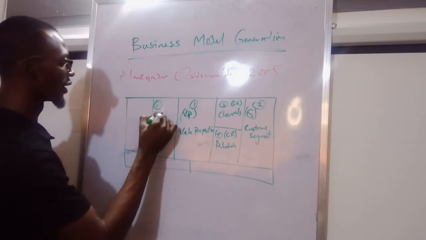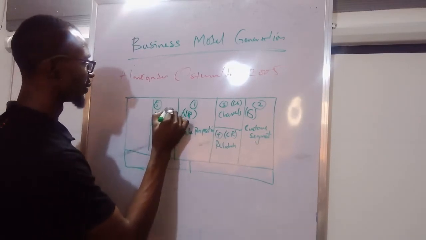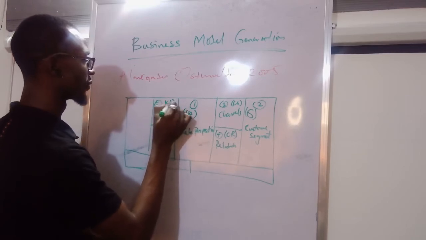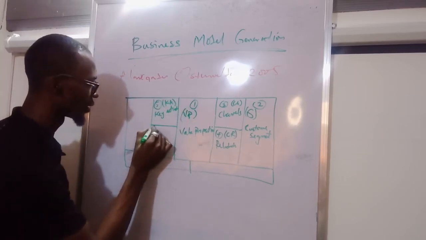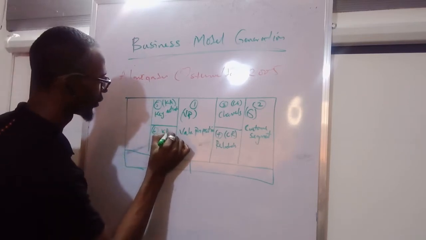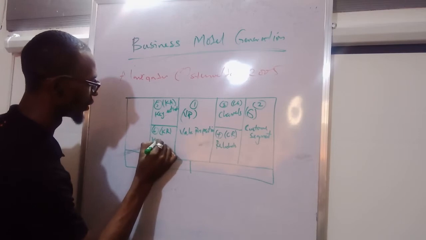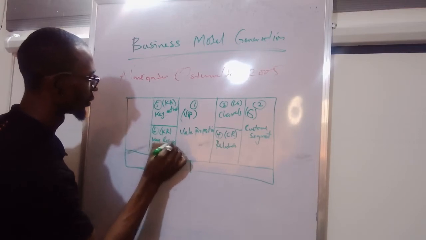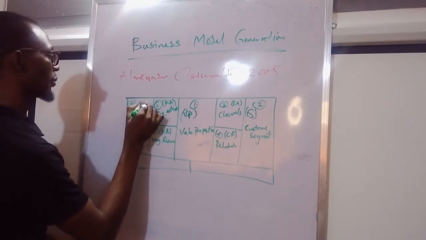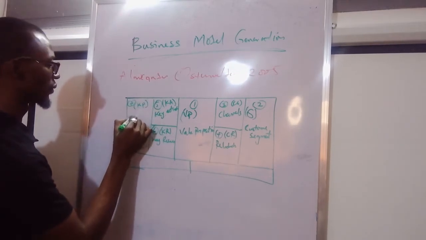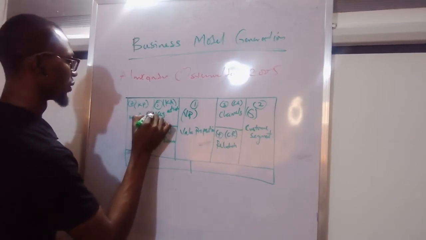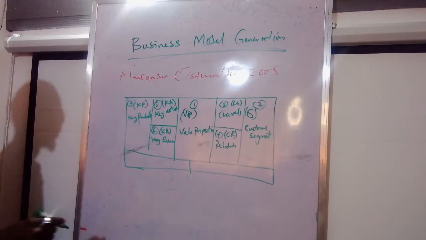Then 5, we have key activities, KA. 6, we have KR. They are the key resources. 7, we have KP. They are the key partnerships. Number 5 is what? Key activity.